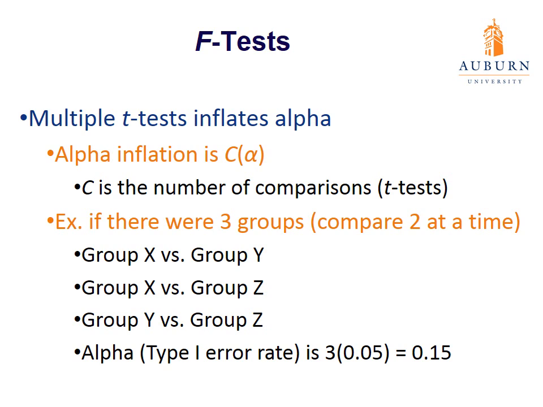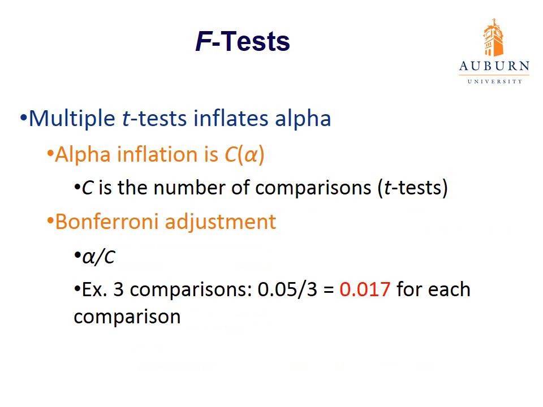But as we mentioned before, we inflate our alpha, our type 1 error rate. So we end up with 3 comparisons, or 3 statistical tests, 3 t-tests, at an alpha of 0.05, and when we multiply 3 times 0.05, we end up with 0.15, or a 15% chance of a type 1 error. That if we reject a null hypothesis, there's a 15% chance that we're wrong with our conclusion.